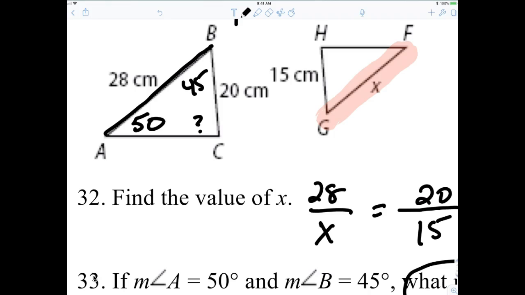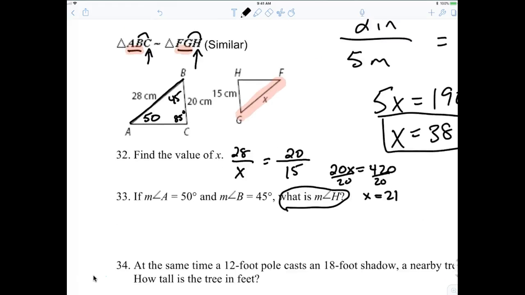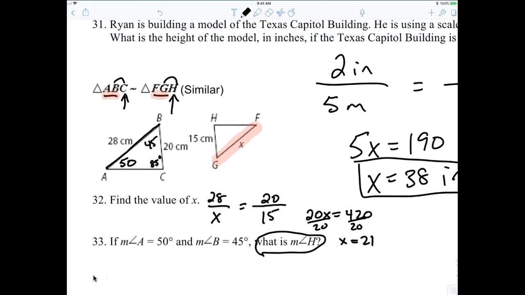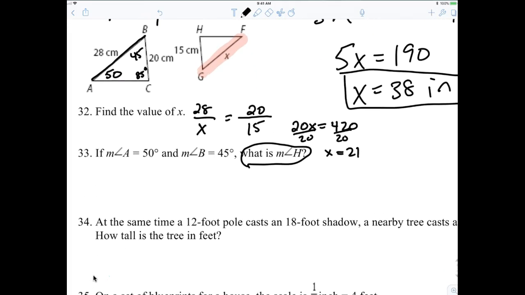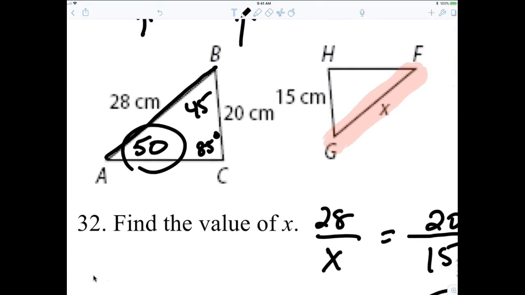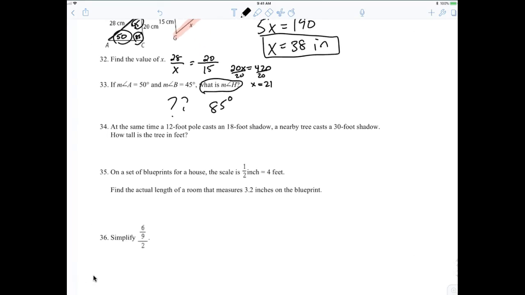So angle C is 85. And if angle C is 85, then H would have to be 85. Because remember, from last year, the angles of a triangle add up to 180. So if you take 50 plus 45 and subtract that from 180.